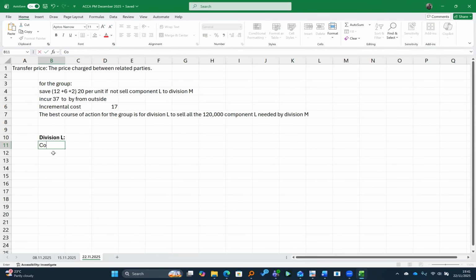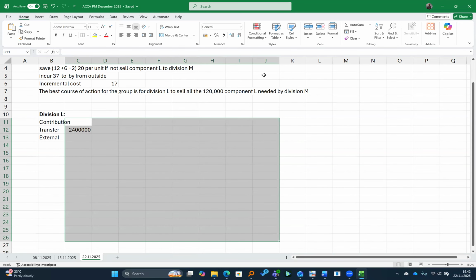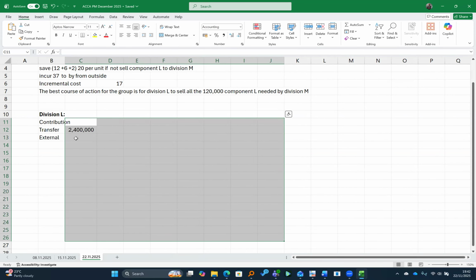So contribution. For the transfer, these are 120,000 units multiplied by 20. That's what they will get for the transfer.